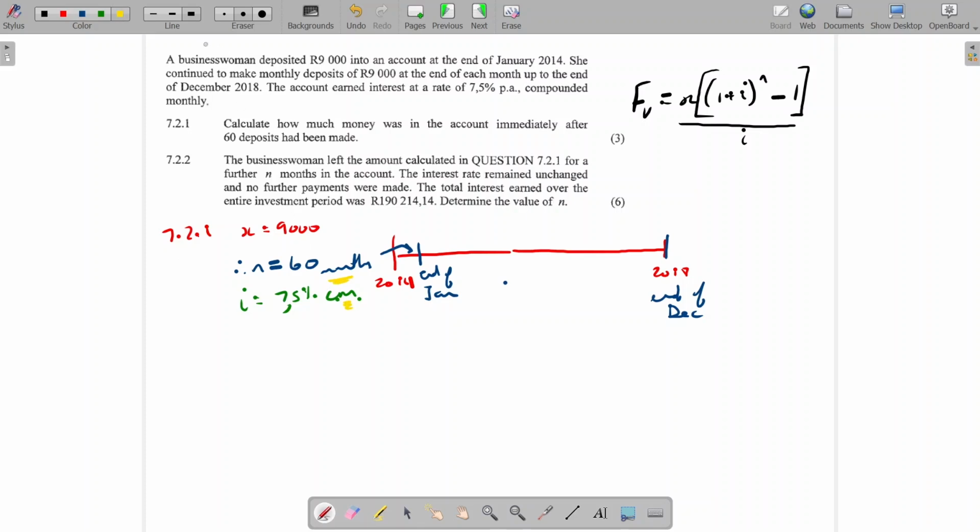Calculate how much money was in the account after these things have been done. So again, it's not quite as clear, but you can see that they're talking about immediately after all of this.